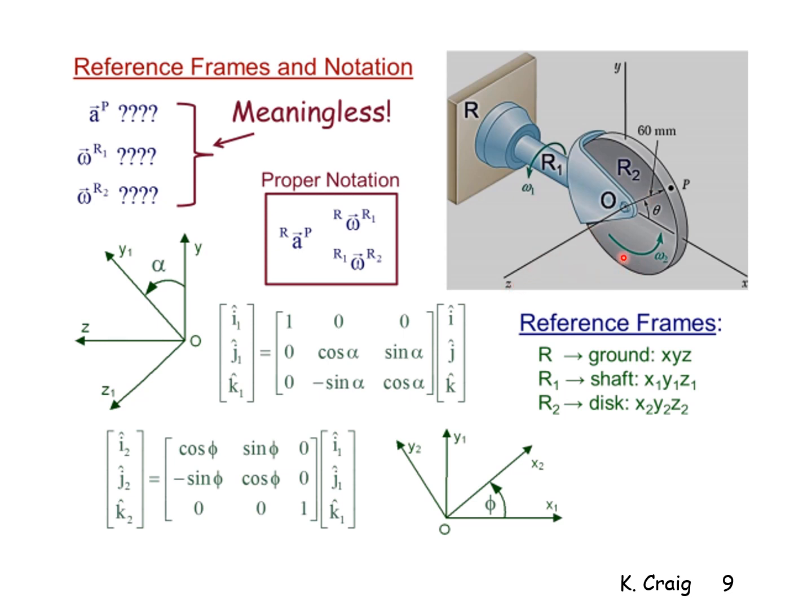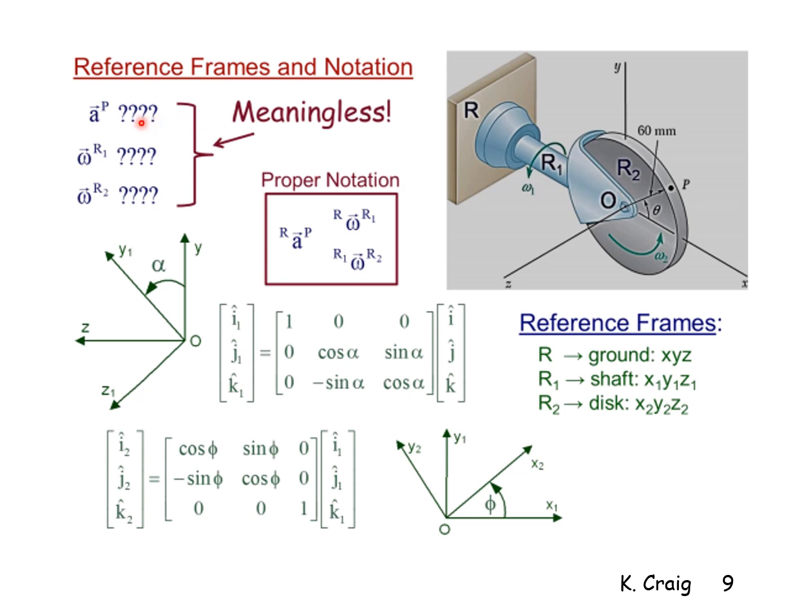It rotates with an angular velocity here called omega 2. It has an XYZ coordinate system attached to it, and it's called x2, y2, z2, as this body number 2 has reference frame R2. So I have three reference frames in this problem: R, R1, R2, each with a fixed set of XYZ axes.